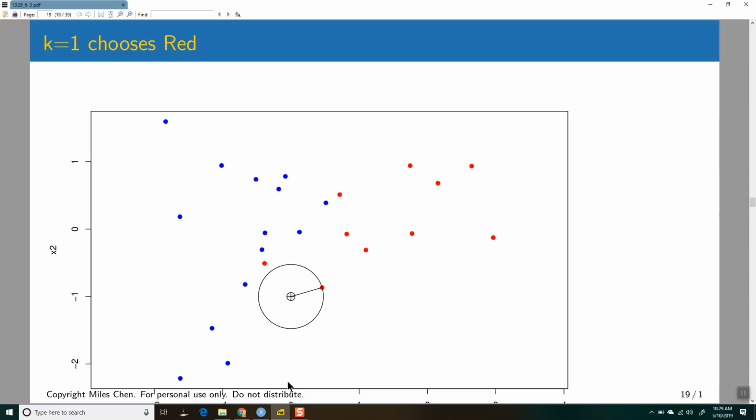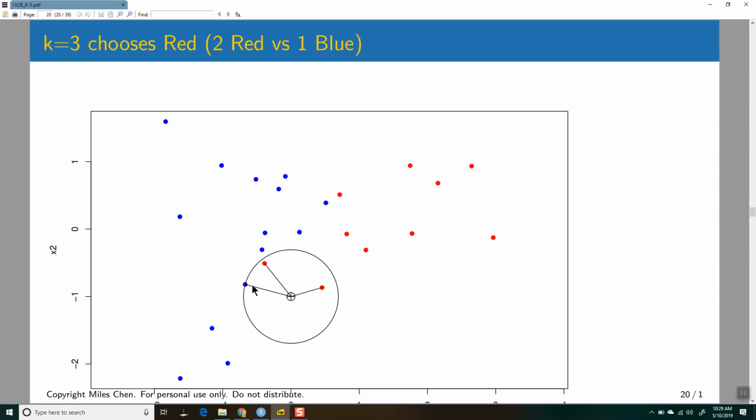We measure the distance to every single other point, and so if you choose k equals 1, this is the closest point, and I've drawn a circle using this as its radius, and we can see, indeed, this is the closest point. And so this is going to classify it as red. If I do k is 3, this is the third closest point, and it's going to get classified as red, because we have 2 red versus 1 blue.